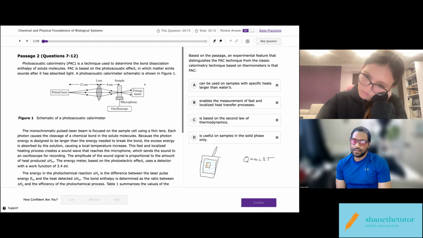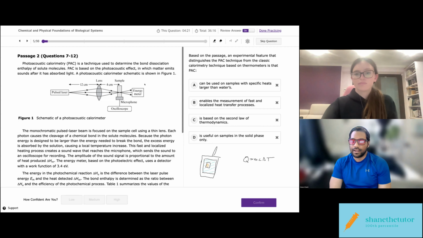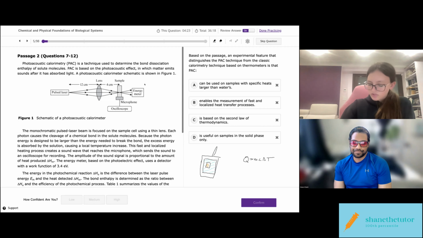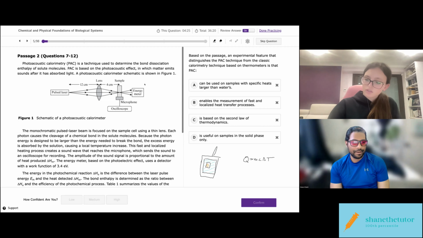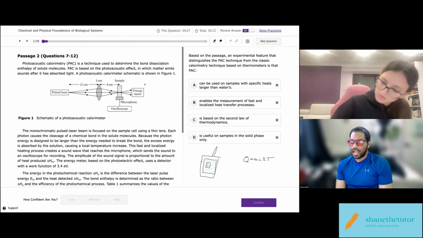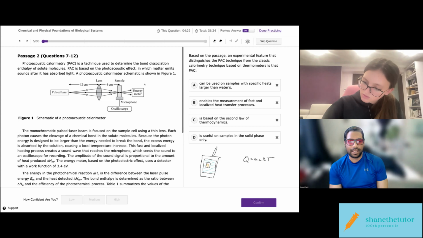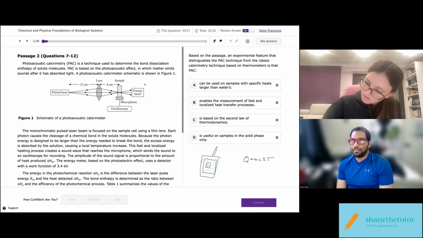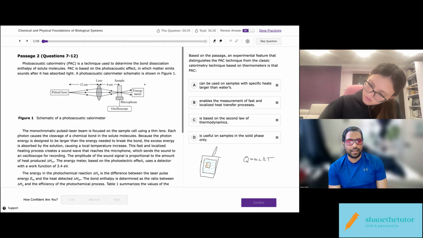Specific heat, which can also be called heat capacity, is how much heat something can absorb before it goes up in temperature.